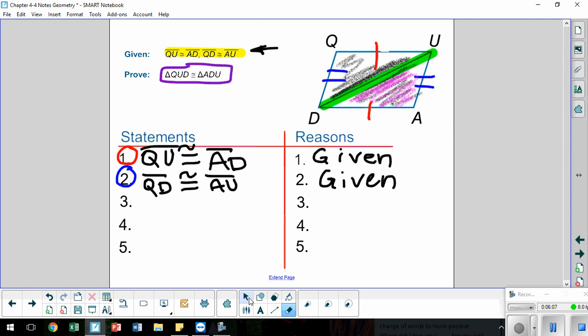Do you see how they share that side? Same thing, exact same thing.